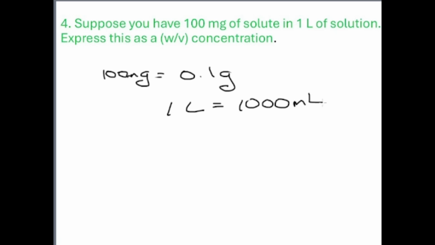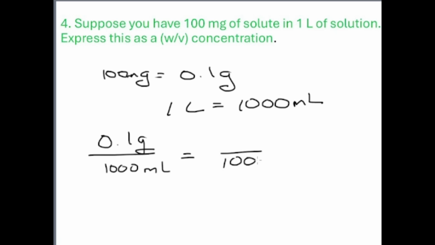So we have here 0.1 grams in 1,000 mils. Well, what would that be on the basis of 100 mils? So again, we can solve for question mark, and we get that question mark equals 0.01 grams.